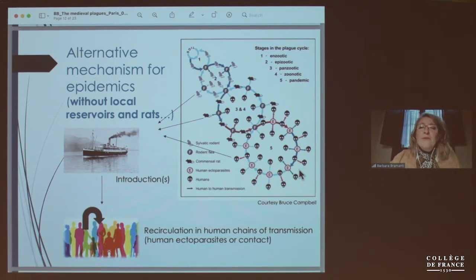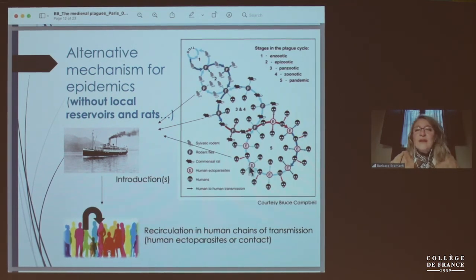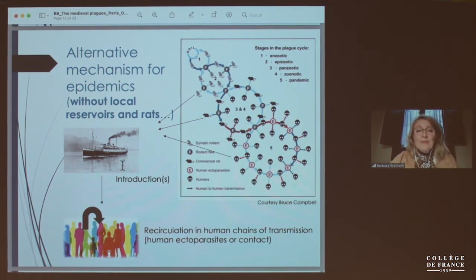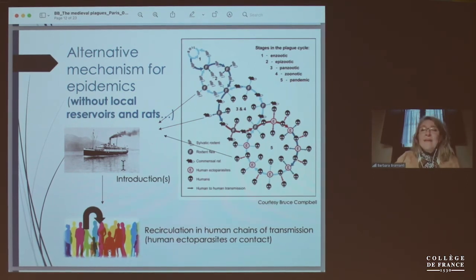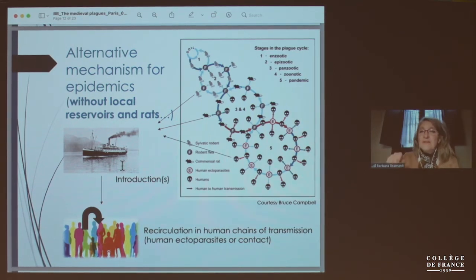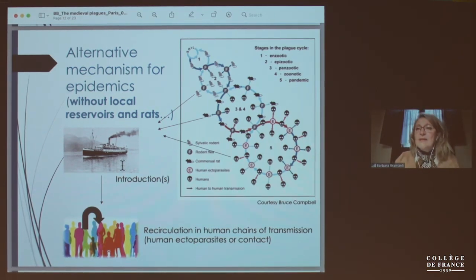So if you consider this situation present, for instance, in a reservoir outside Europe, you need just to pick one wild rodents, one rats, or an infected people, or his clothes, or his personal objects, and put them on a ship and send away somewhere, and then plague can recirculate by means of human chain of transmission and even mimic the presence of a reservoir in another place.